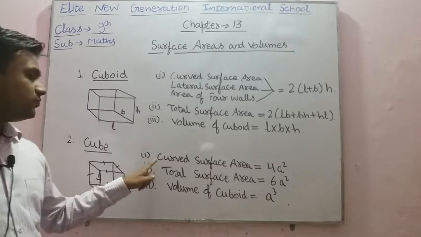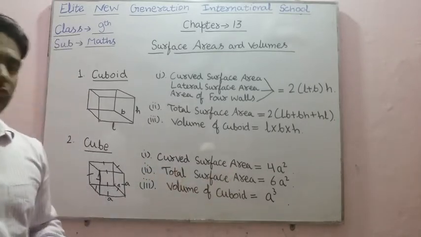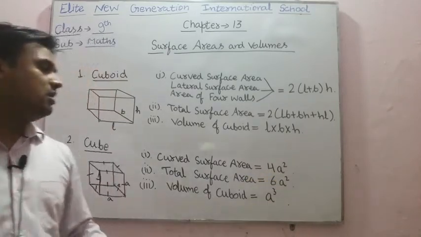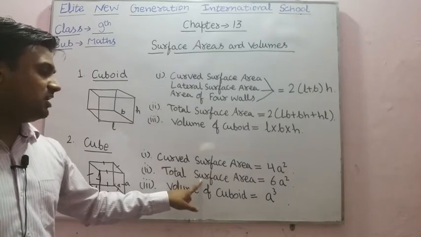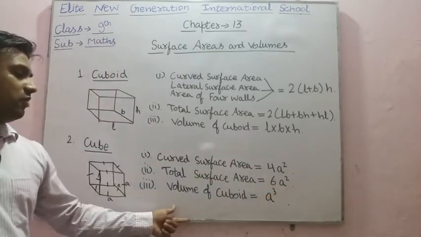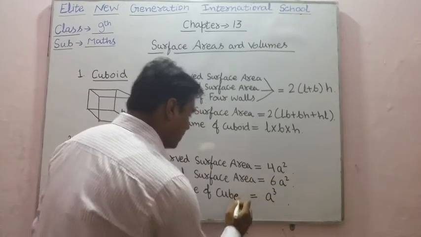The curved surface area of a cube is given by the formula 4a square, where a is the edge of the cube, and the total surface area of a cube is 6a square. The volume of a cube is given by the formula a cube.